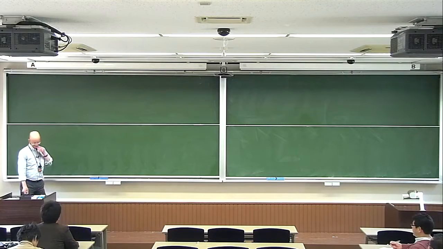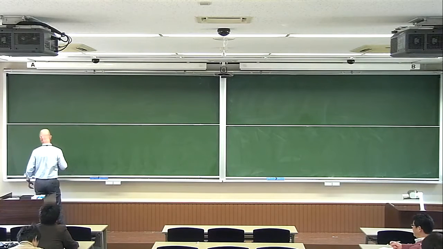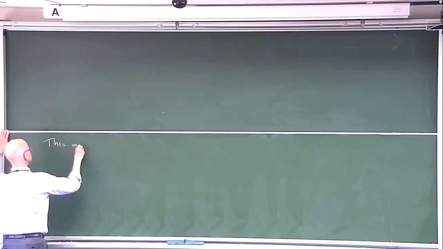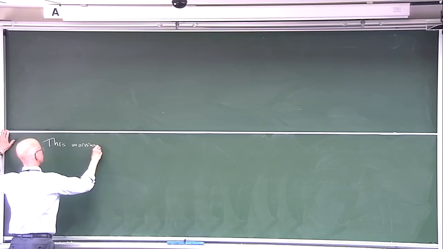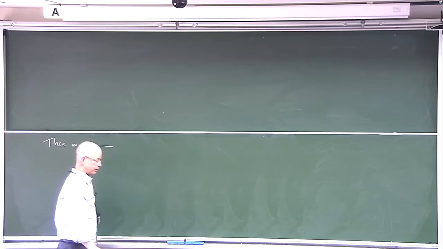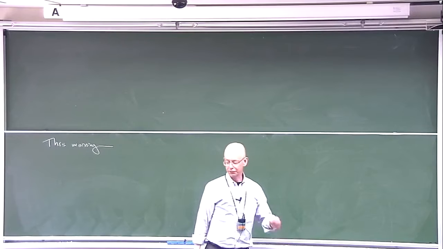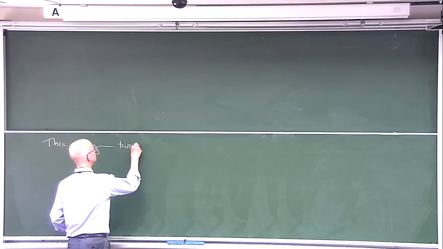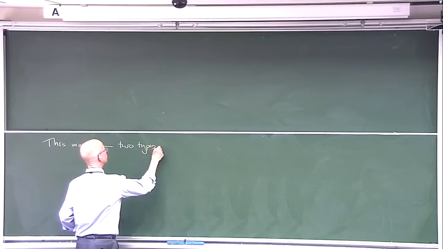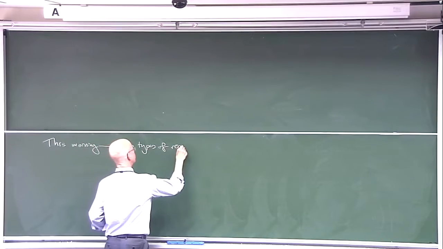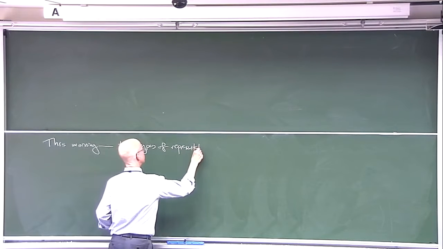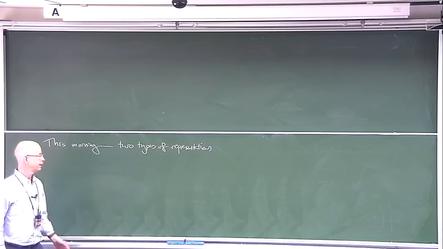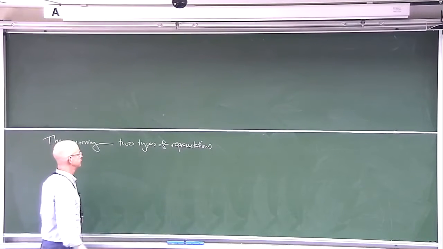All right. So we were looking at this morning. I stated a theorem. Maybe we should look a little at the proof at some point today. So there are two types of representations which emerged from the theorem that we wrote.